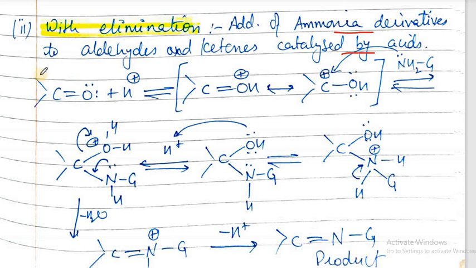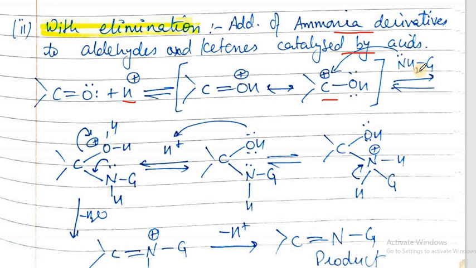So the aldehydes and ketones in acidic medium give this carbocation, which is resonance stabilized. Now this carbocation combines with the ammonia derivative through the nitrogen, which carries an electron pair.